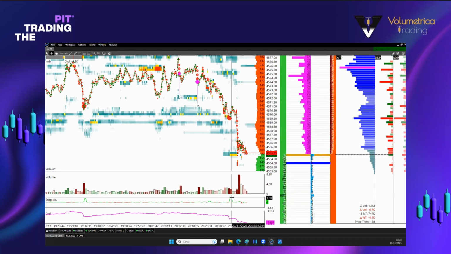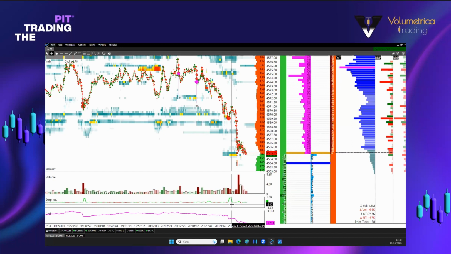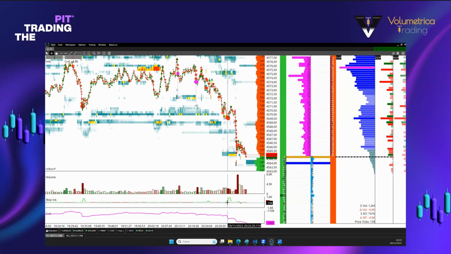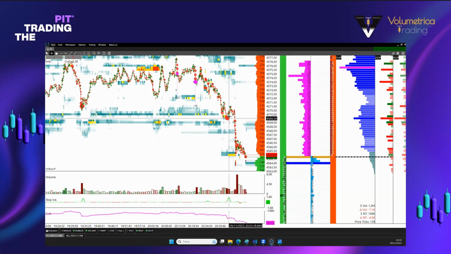Very important thing to do, every time we see a peak, we should better locate the area of the level of price where the iceberg has traded the most contracts, which is quite easy because if we just put our cursor here at the top of the peak, we will notice that the peak always corresponds to either a big bubble on the other side, so that's an iceberg buying.